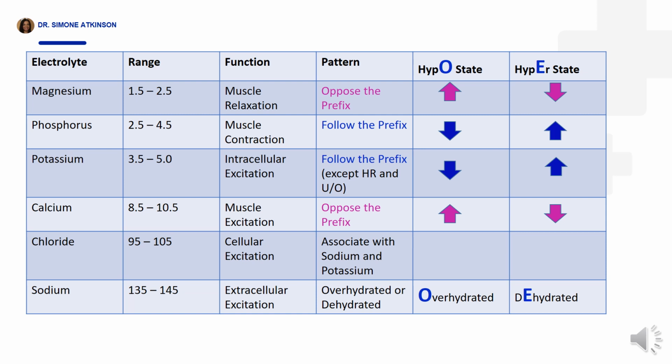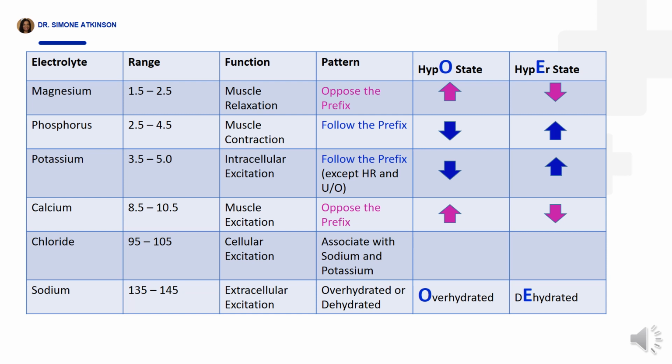Respiratory muscle fatigue, hypoactive bowel sounds, gastric atony or reduced motility, or even an ileus would be seen. And with low potassium, you would have paresthesias, flattened T waves, U waves, thready pulse, lethargy, weakness, decreased peristalsis. So phosphorus and potassium follow the prefix. So in the hypostates, things would be slowed down. Now remember, the opposite would be true in the hyperstates.